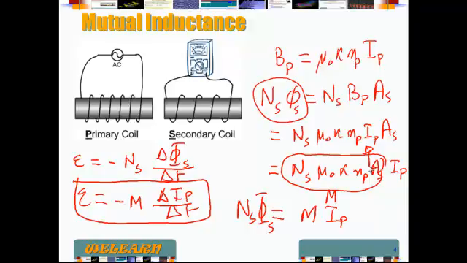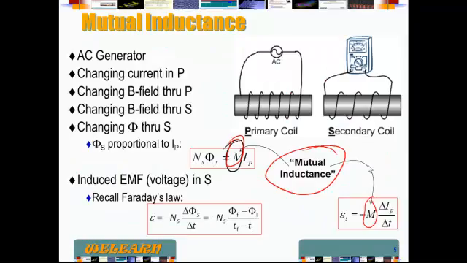But you don't need to remember that expression because it's going to depend on what kind of coils we have. The key is we have what we call mutual inductance, and the EMF induced in the secondary is proportional to that mutual inductance constant and proportional to the change in current in the primary as a function of time.